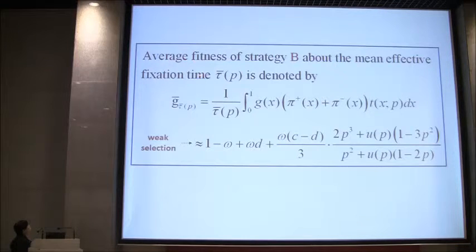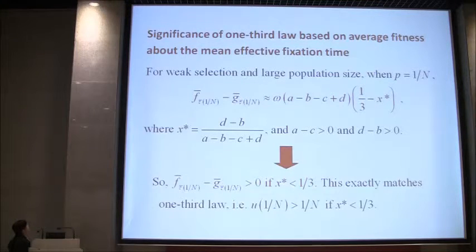Similarly, we can get the average fitness of strategy B about the mean effective fixation time, denoted by G bar, and also under weak selection, we can get this expression. For weak selection and large population size, when p equals 1 over N, we can calculate the difference between F and G as the expression here.